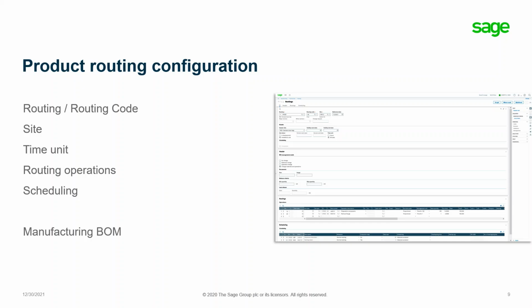Key to defining a work order's production plan are the routing and routing code, its site, the routing time unit, the routing operations and their related work centers, scheduling details, and indirectly the associated manufacturing BOM.